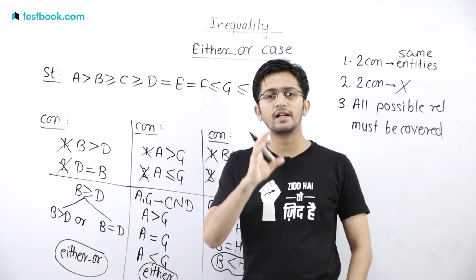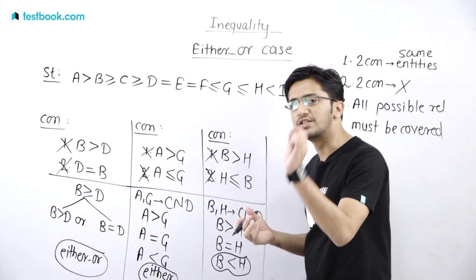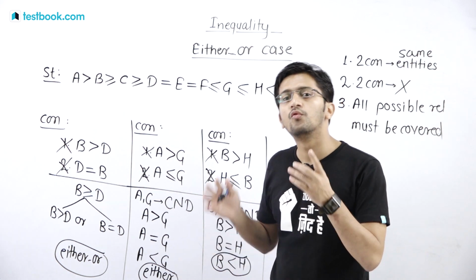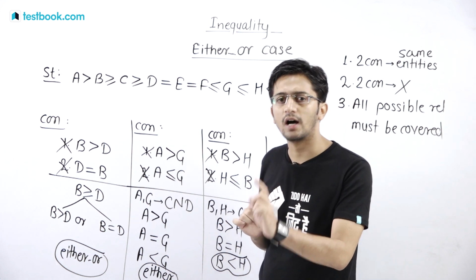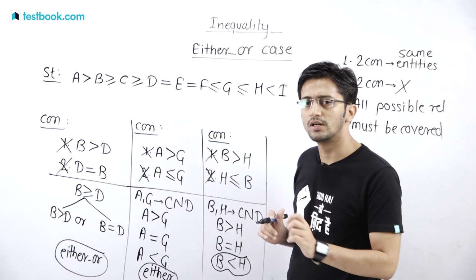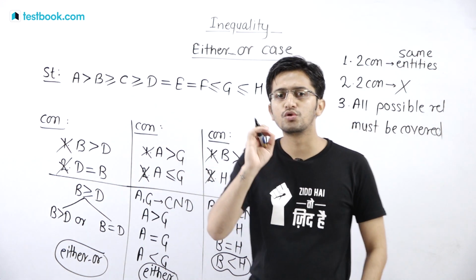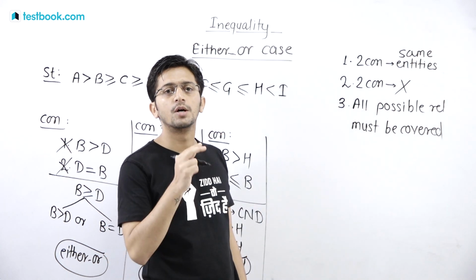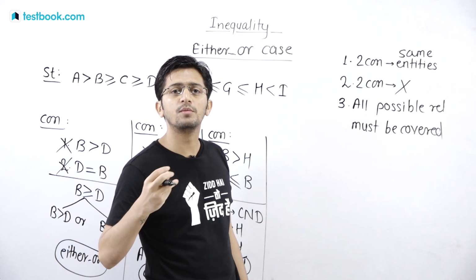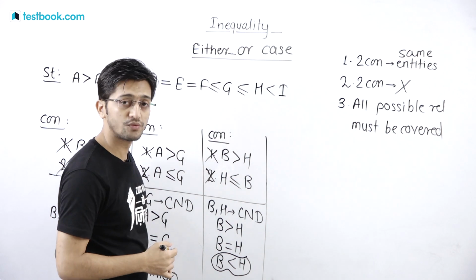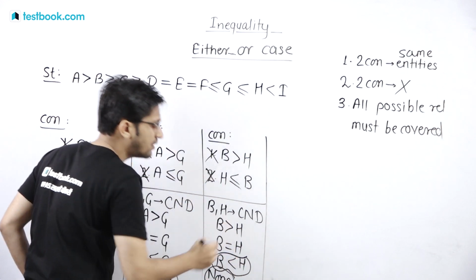If there is no either or answer, we will answer whatever we have got so far. We have got both the conclusions wrong, so what should we answer? Both are wrong. What do we mean by both are wrong? None of the given conclusions follows.